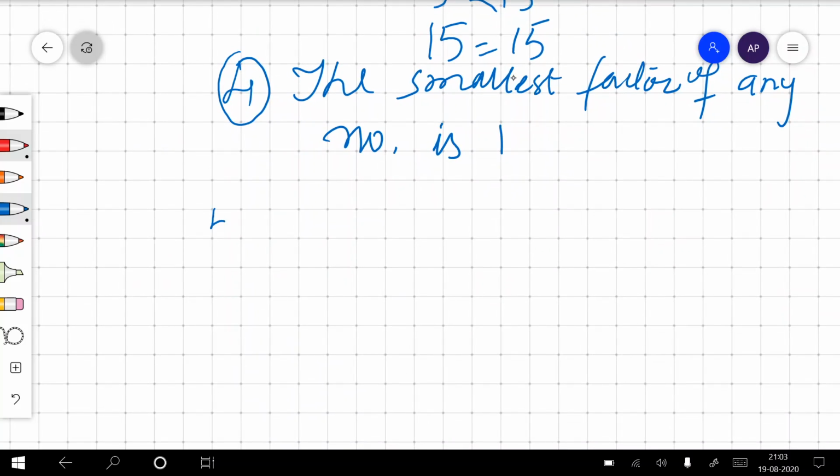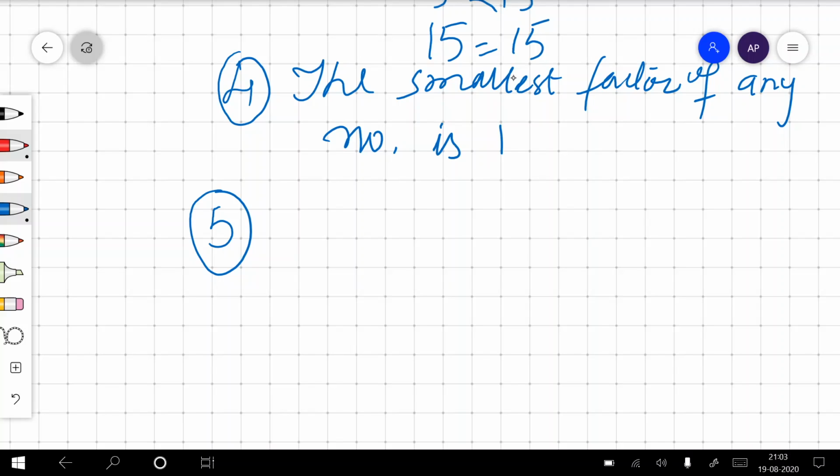And now in multiples, you know there is no largest multiple. We have done this because we can multiply. If I ask you to find the multiple of 3, you can multiply 3 with any number to get a multiple of 3.